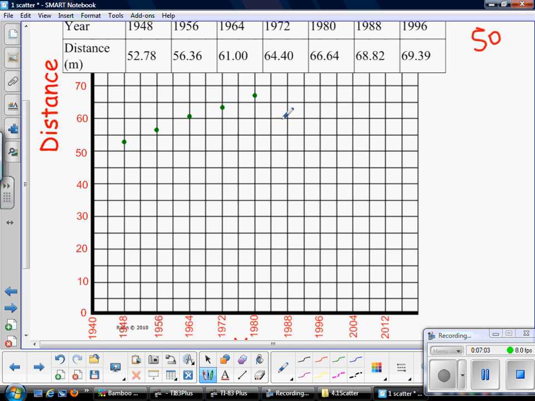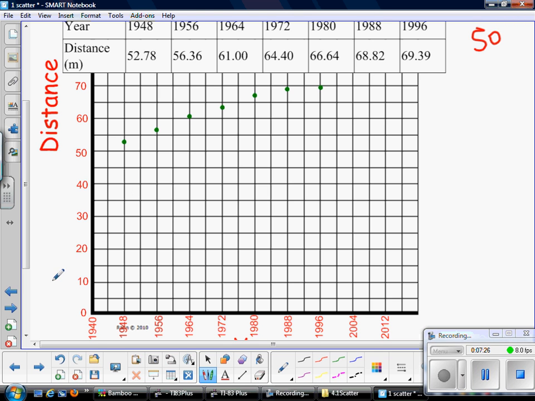In 1988, it was 68.62, so almost 69, so getting closer to the 70. And then in 1996, it was approximately 69, so it's almost flatlined. So now we have our data plotted.